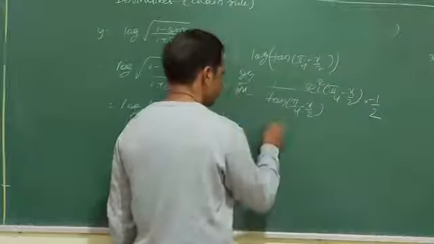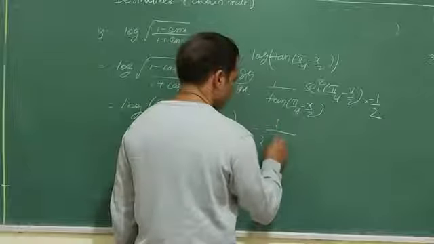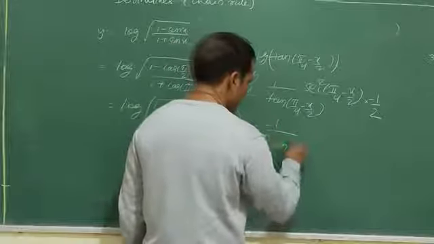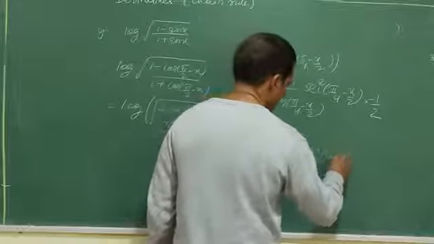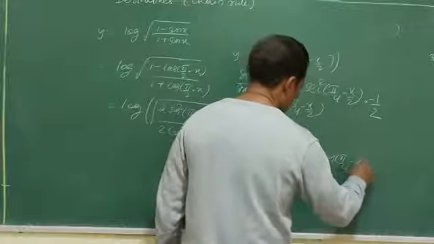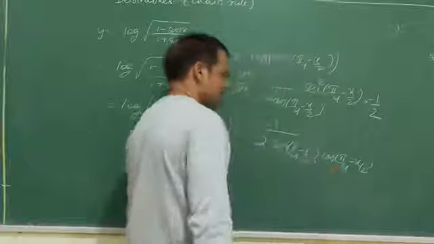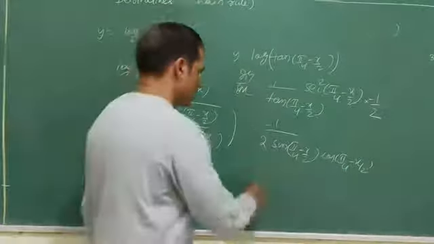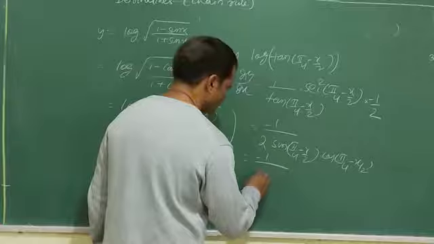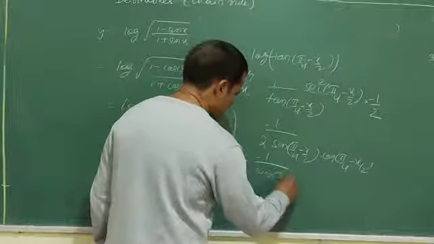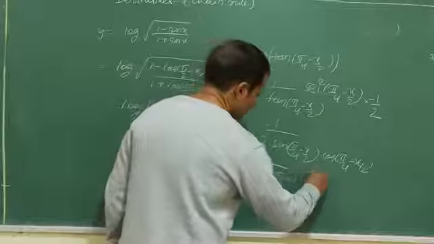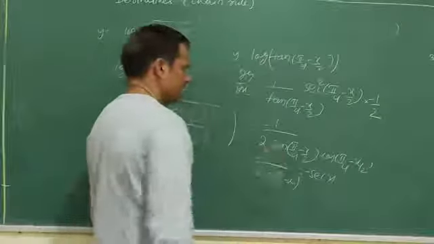Solve it, you'll get 1 by 2 sin (pi by 4 minus x by 2) into cos (pi by 4 minus x by 2), 2 sin theta cos theta, sin 2 theta, that becomes sin (pi by 2 minus x), minus sec x is the answer. This becomes cos x.